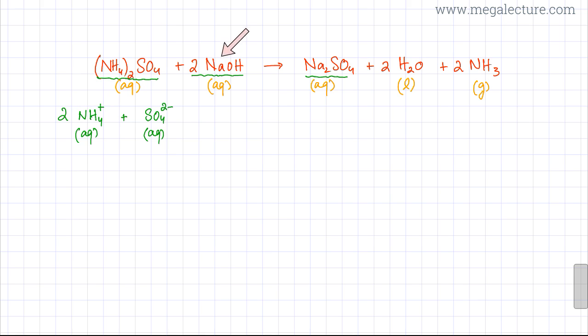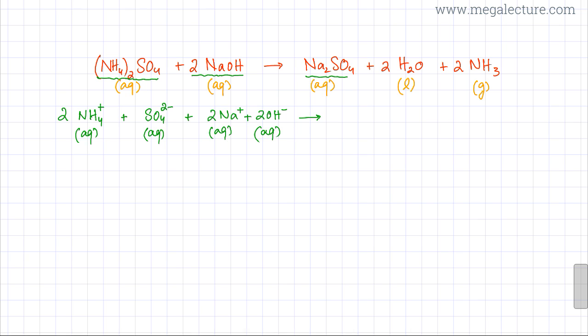Similarly, NaOH would be written in scattered form, in dissociated form. It has 2 ions, sodium ions and hydroxide ions, so there would be 2 sodium ions, Na plus, and 2 hydroxide ions, since you had 2 NaOH compounds, so they are in aqueous dissociated form.